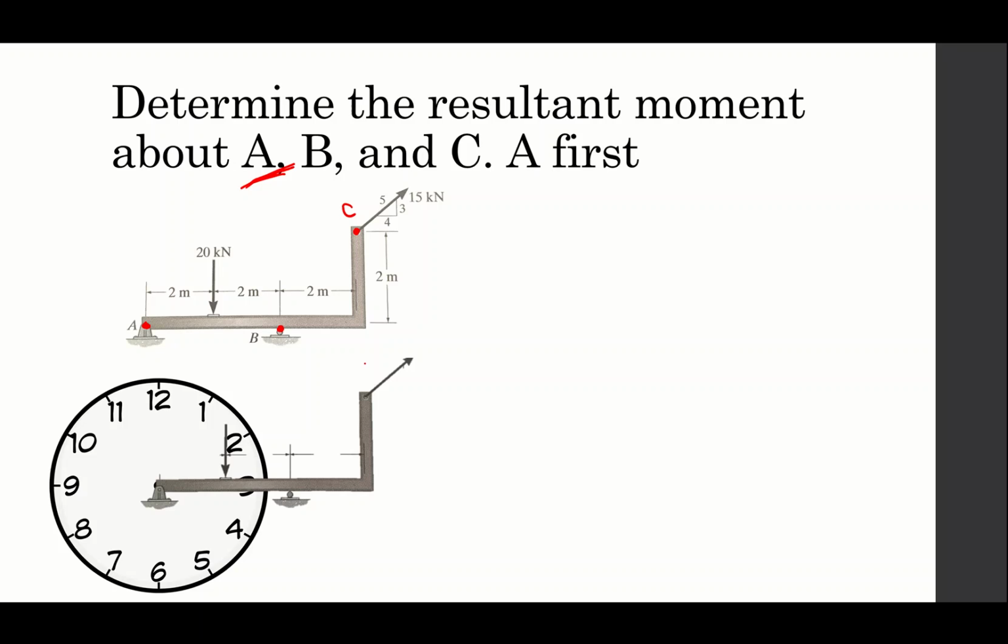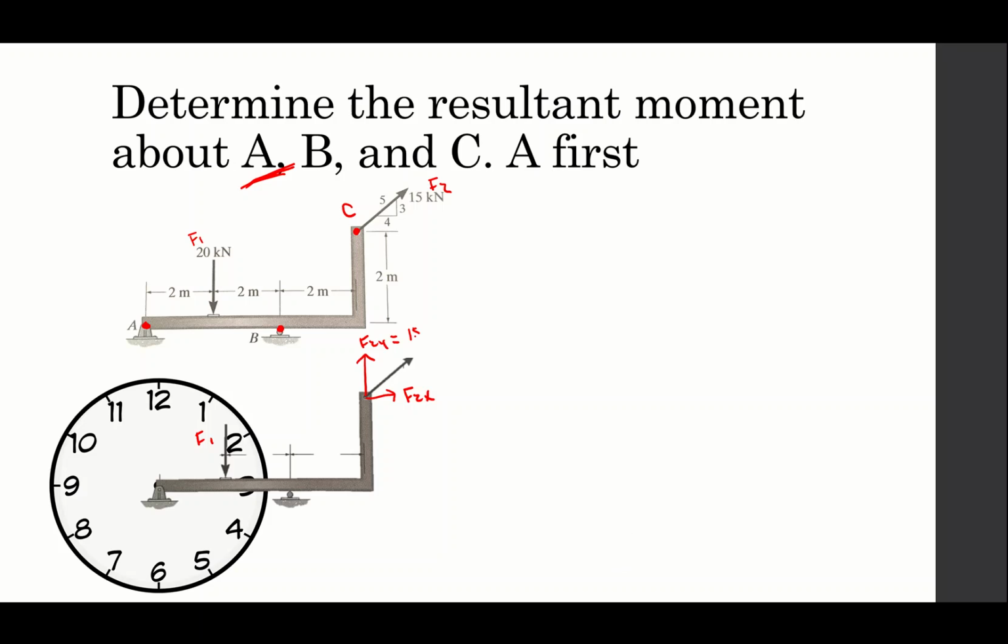I know that I'm going to have to divide this force up. I'm going to call this one F1 and this one F2. So I'm going to have an F2Y and an F2X. What are those magnitudes?